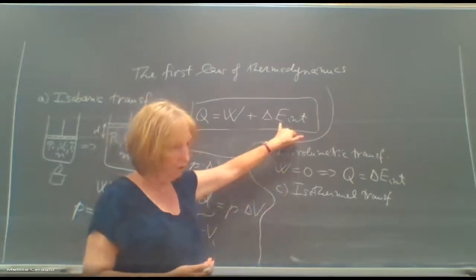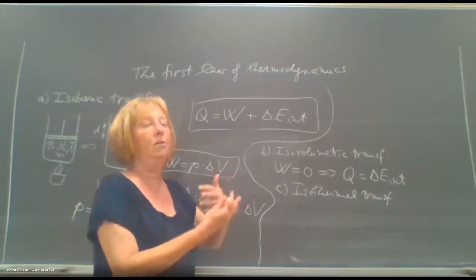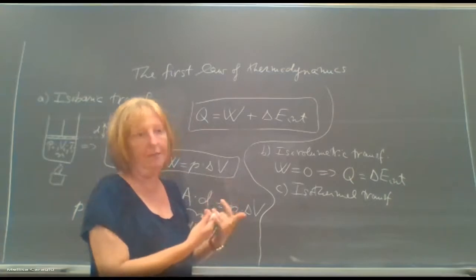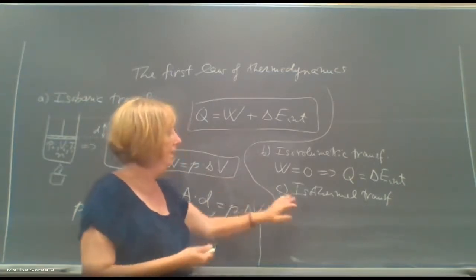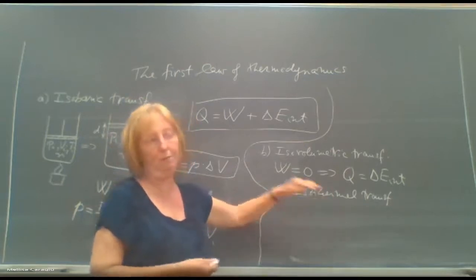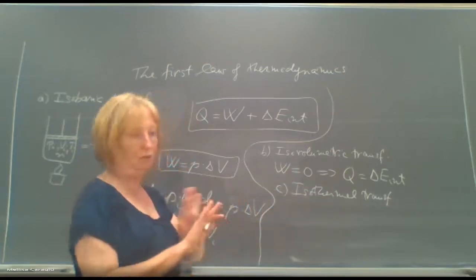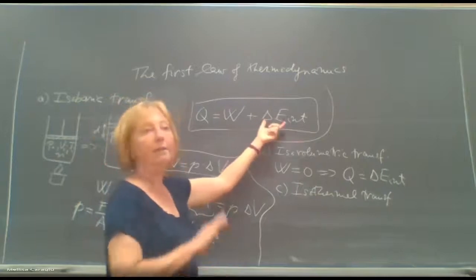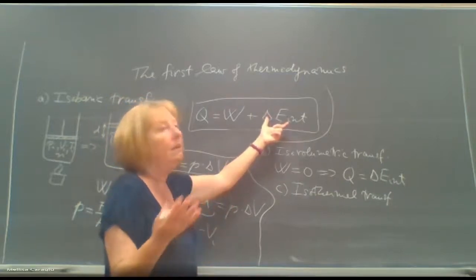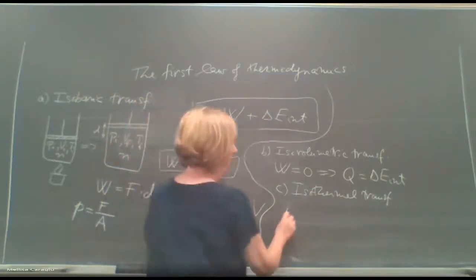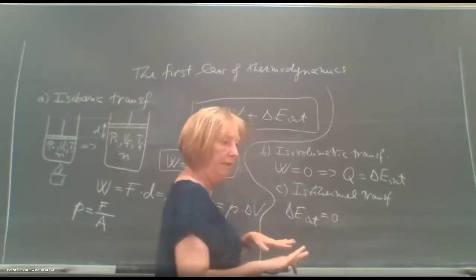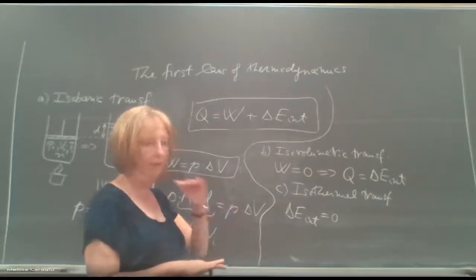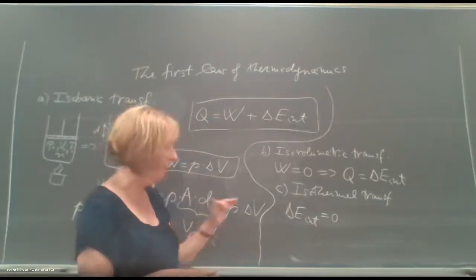And the change in internal energy always goes like 3 halves, 5 halves, 7 halves, nR delta T, so change in temperature. Therefore, if the transformation is isothermal, so the temperature does not change, the internal energy cannot change. So the change in internal energy will be 0. The internal energy stays the same value as it used to be.